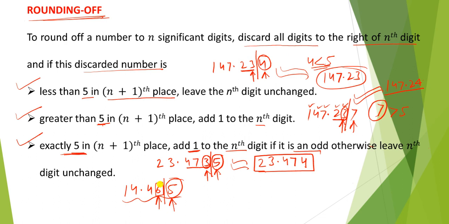So leave the nth digit unchanged. The rounded number correct to 2 decimal places is 14.46. This is the procedure of how to round off a number correct to a number of significant digits and decimal places.